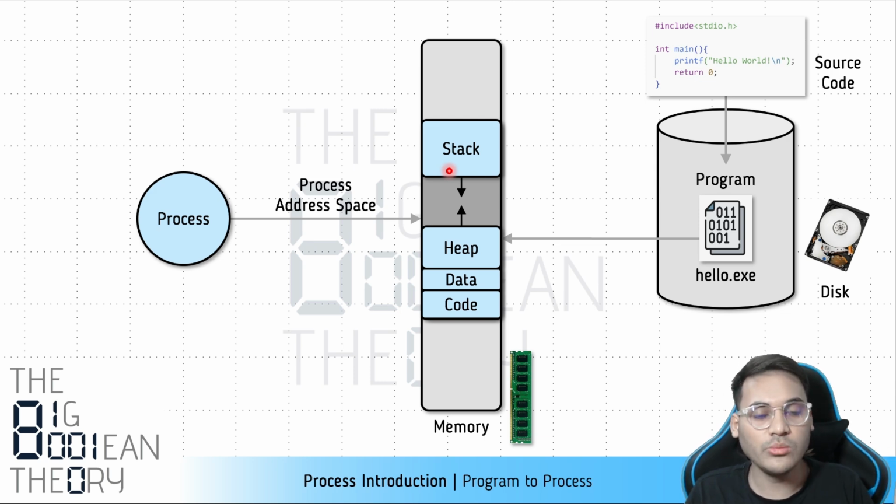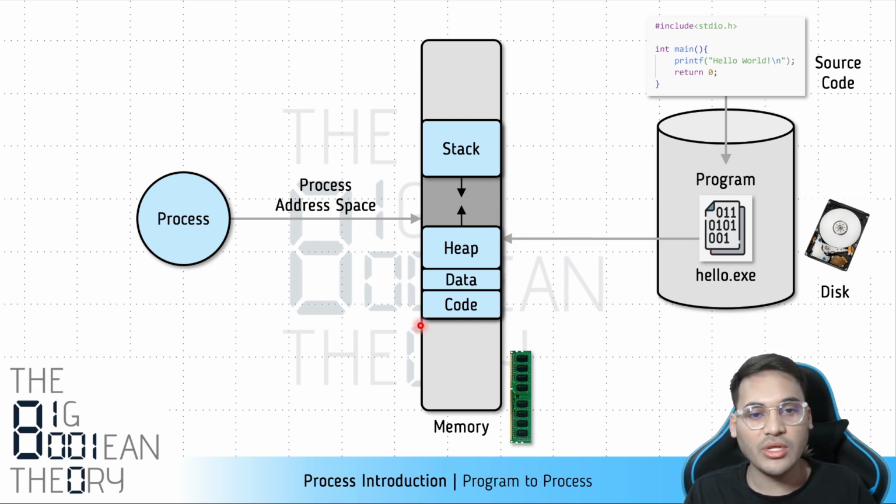So this was a brief description of the different sections that are there in the address space, how the operating system organizes the code and data of your process in the address space that is present in the memory. So the point is that first of all, you have the source code, you compile it and get the program. This program has your instructions and data, and it initially resides on the disk. And when the user wants to launch that program, the operating system loads the code and data that is present in this program into the memory.